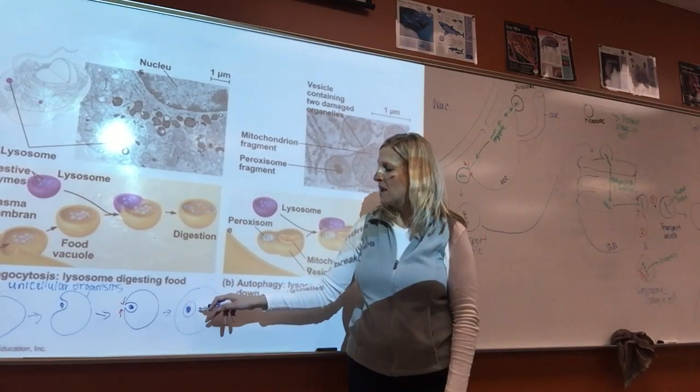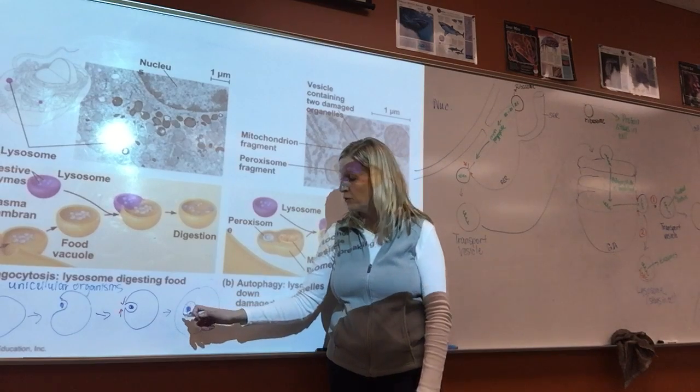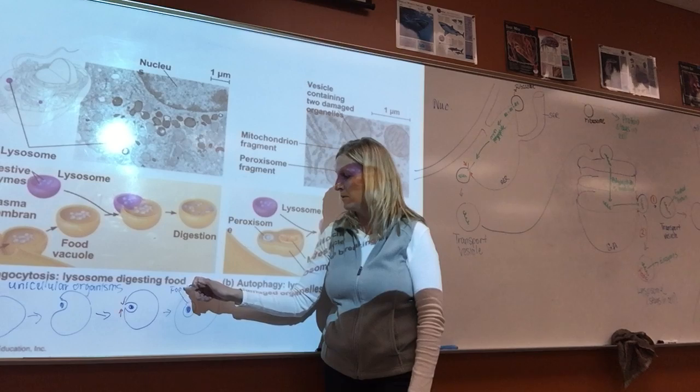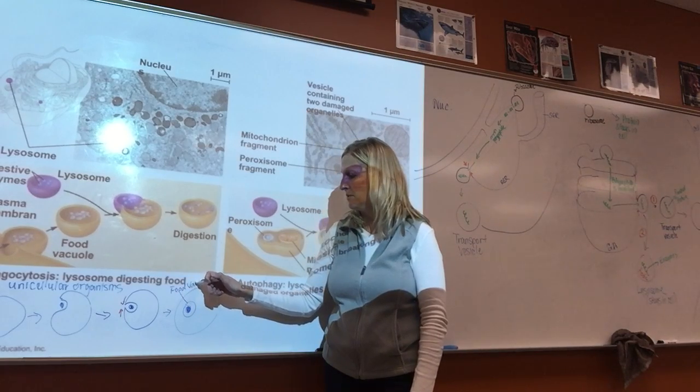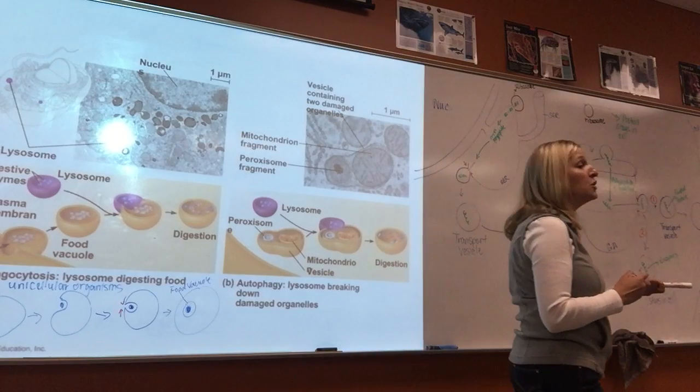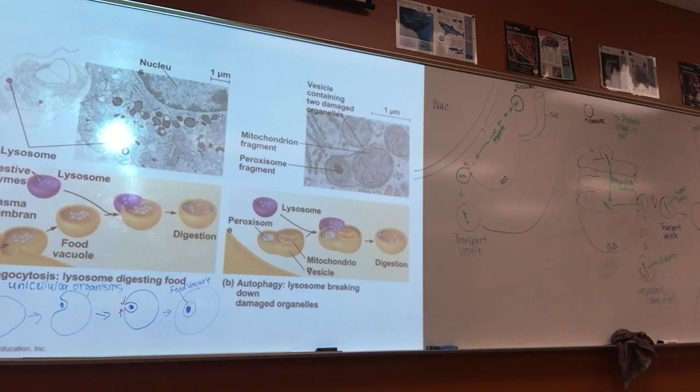Because why? Because it contains the food that it tried to get in. So this is your food vacuole. So now we've got its food in. That's like us chewing and swallowing. All right, that's how we get our food in.